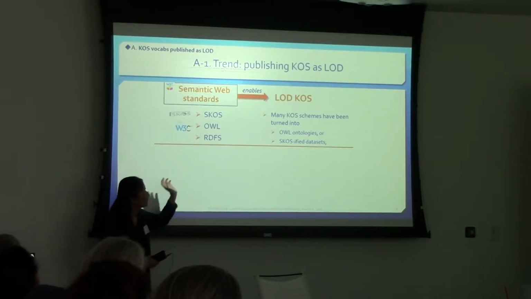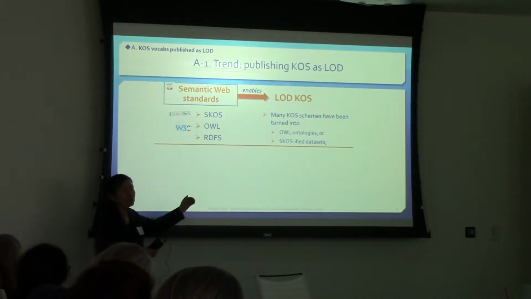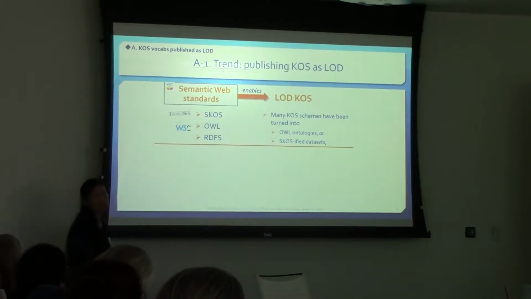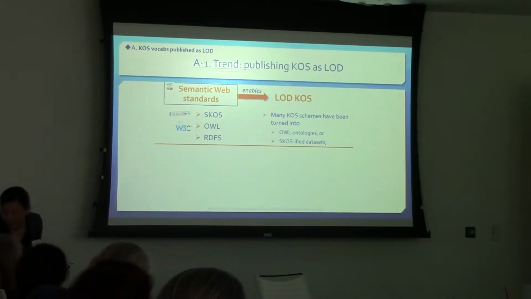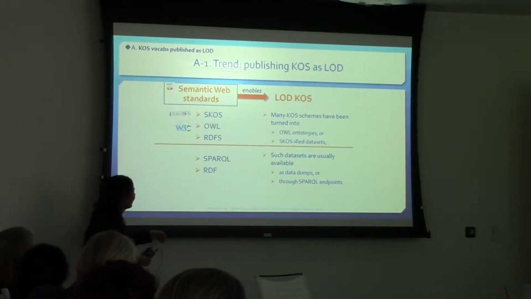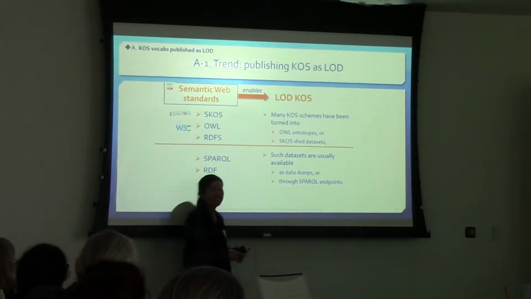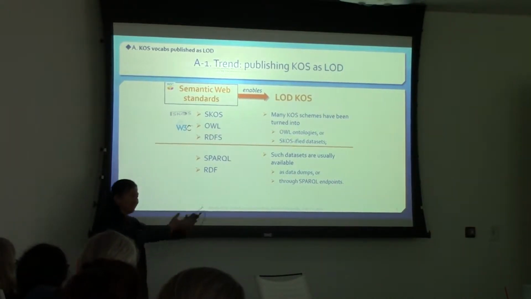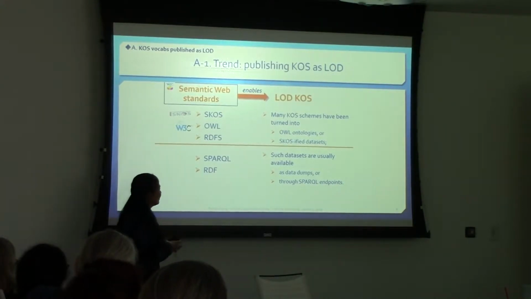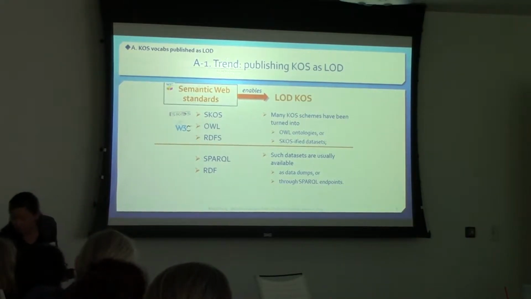Then we use that to make it into an ontology, or SKOS for thesauri, for classification, or other kinds of authority files. And how will they be available? They will be available mostly in two ways. Download, what they call data dumps. It's not a spelling error, it's data dumps that they call it. You just grab whatever. And another is a SPARQL endpoint. You go to the endpoint to find them.